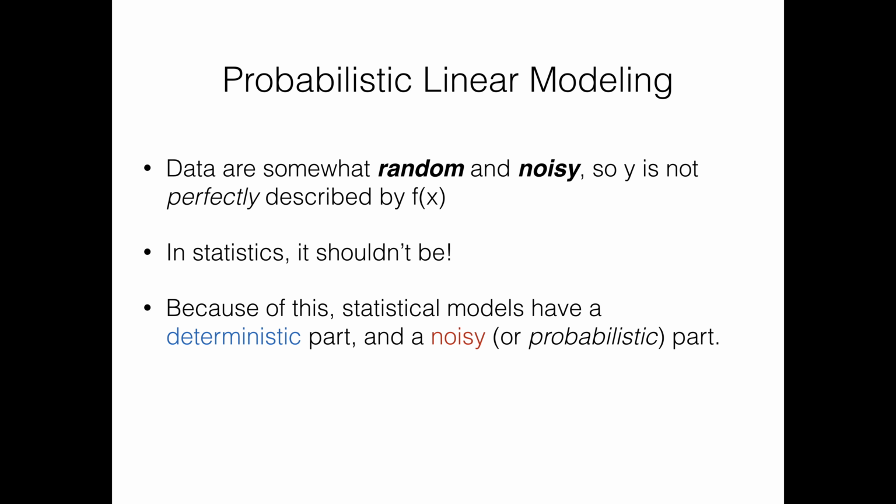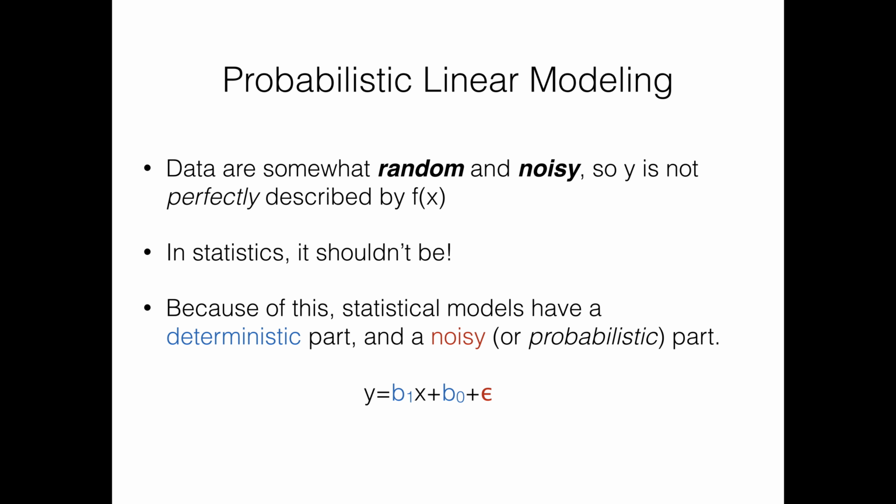In particular, for all of the models that we choose, say, a given f of x for a model, we can think of it as having two parts. On one hand, it has this deterministic part, this line, and on the other hand, it has some piece to characterize how probabilistic or how noisy the data are.